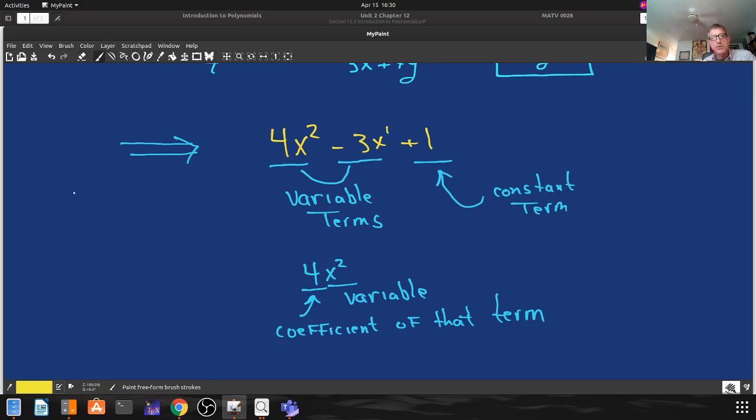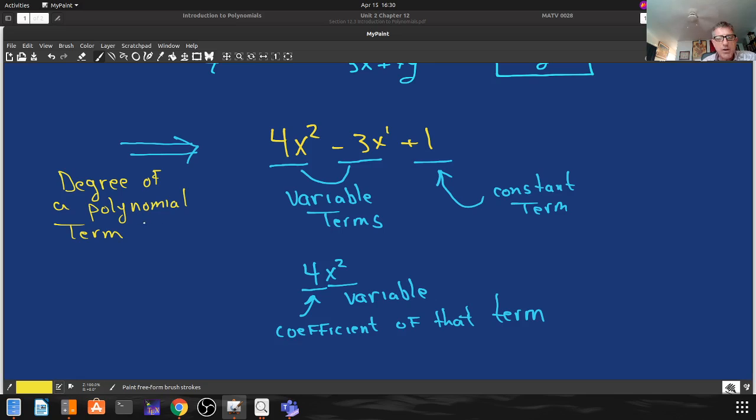So that introduces our final concept, and it has to do with the degree of a polynomial term.